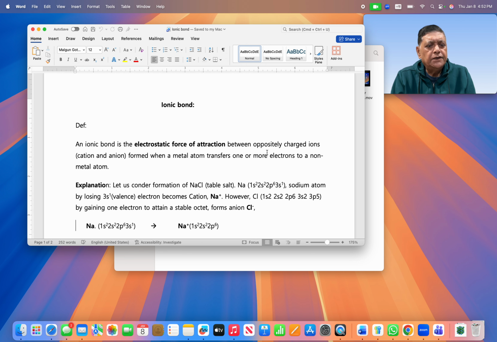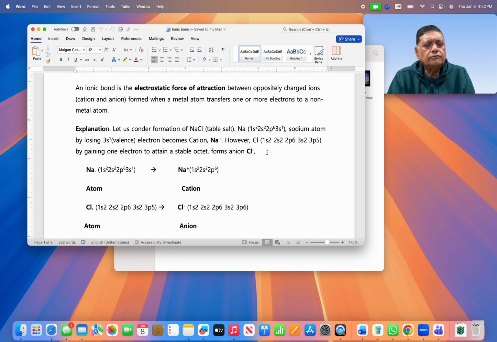We can explain it by taking the example of sodium chloride, that means table salt. As we know, sodium, atomic number 11, has 10 electrons in the core, that is 1s2, 2s2, 2p6.